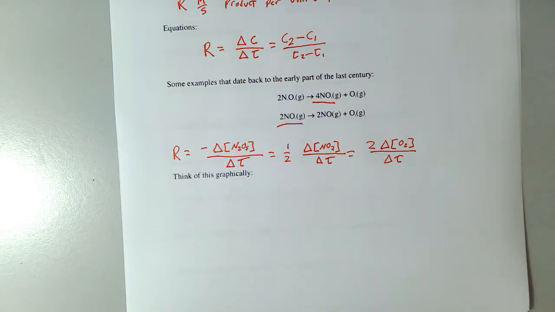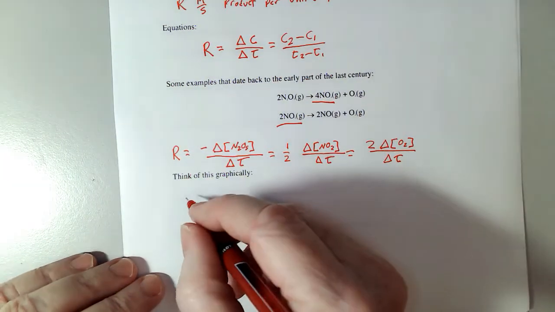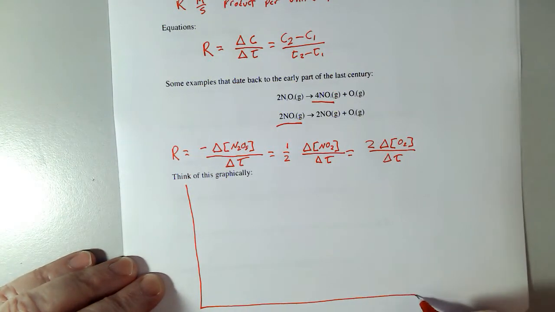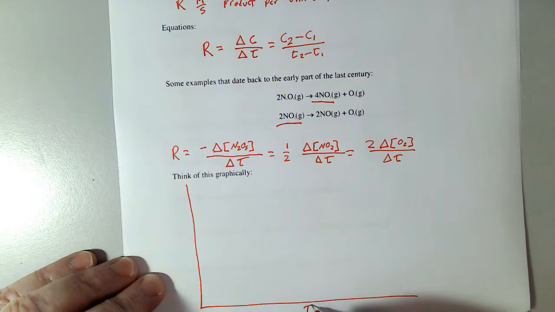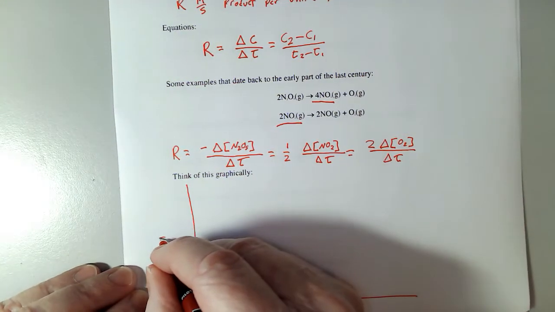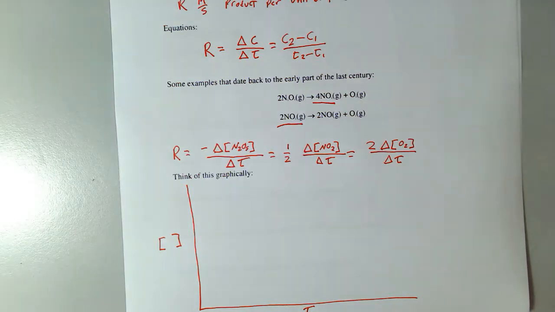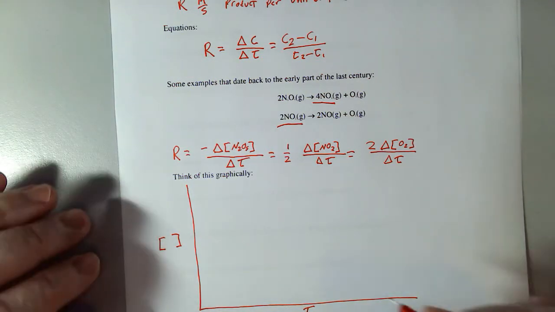Now, let's talk about the second reaction in terms of graphical data. And you might actually remember that you did this as a homework in honors last year. You created this graph. Do concentration. I'm not saying the concentration of what, because I'm going to be talking about different species.